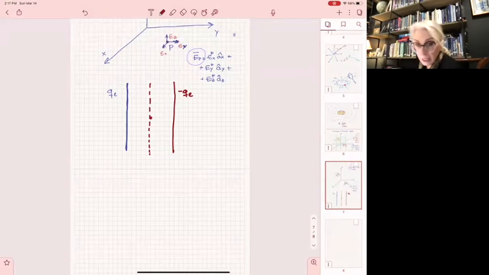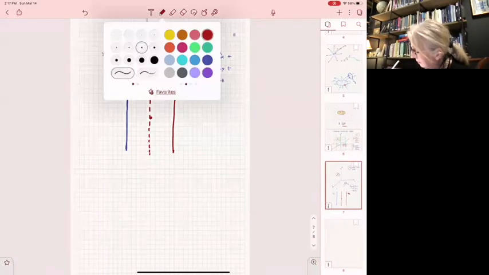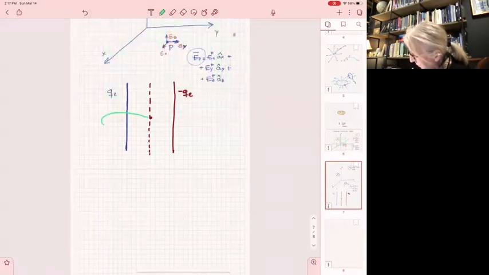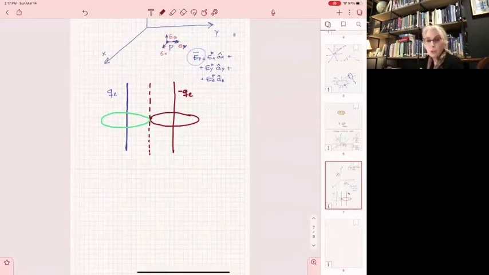Then ideally, you can find the field from one line charge. You can find the field from the other line charge. And then you could try to sum up. Then I would suggest don't do it in the cylindrical coordinate system.